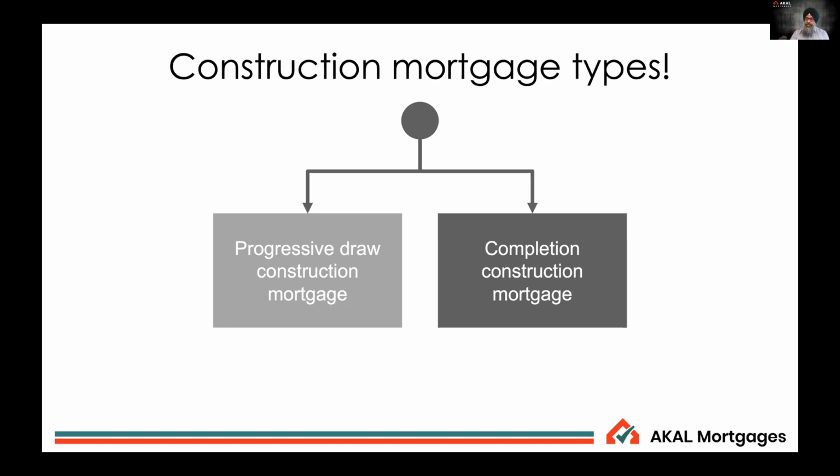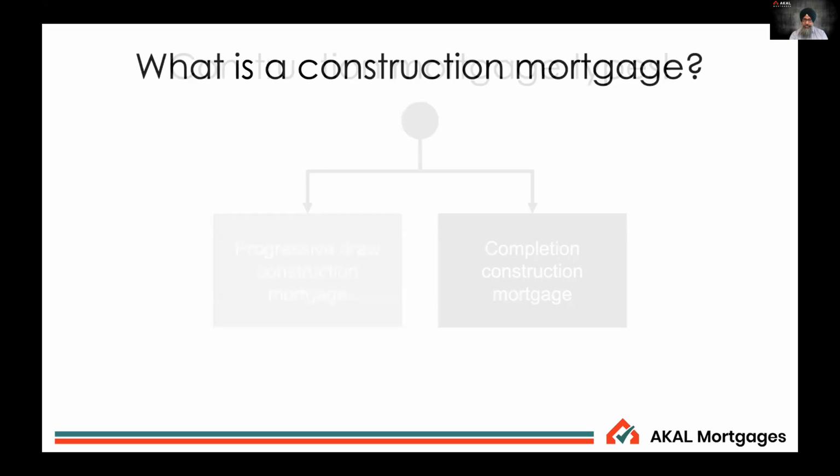Also, when you take a construction mortgage, at the end, when construction is finished and you get the occupancy permit, that mortgage gets converted into a completion construction mortgage. We're also going to talk about why construction mortgages are beneficial as compared to taking the construction mortgage from the bank.